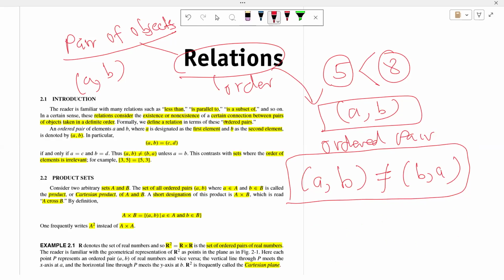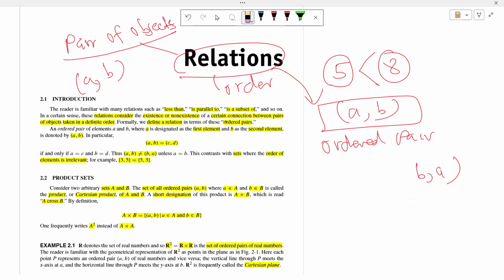So a pair A comma B and a pair B comma A are not equal. That is important in relations, but not the case in set theory. If one set contains 3 comma 5 and another contains 5 comma 3, we can say both are equal sets, but not in a relation. In a relation, the order of the elements is mandatory.